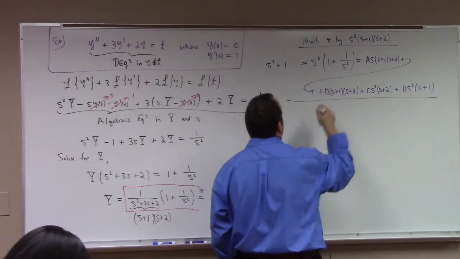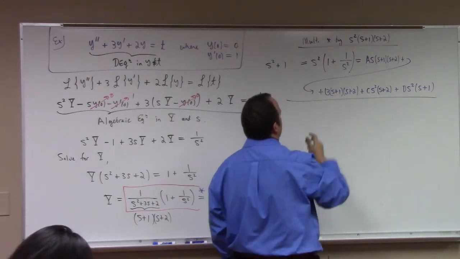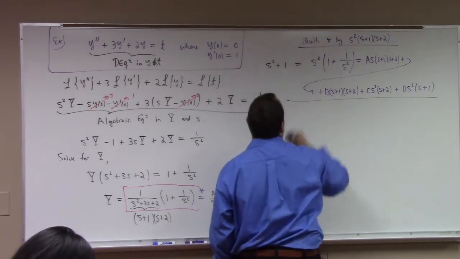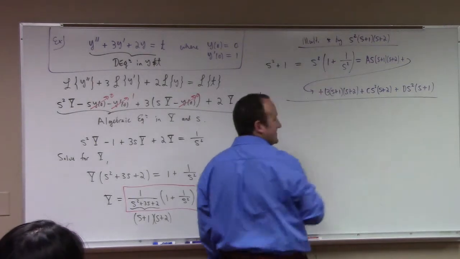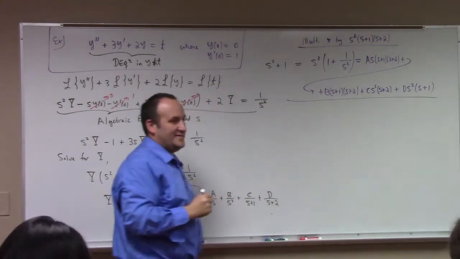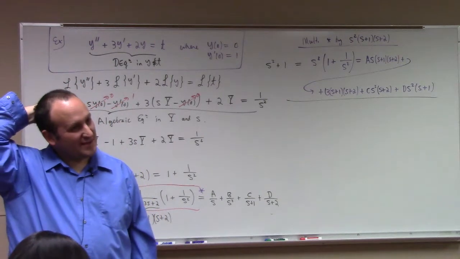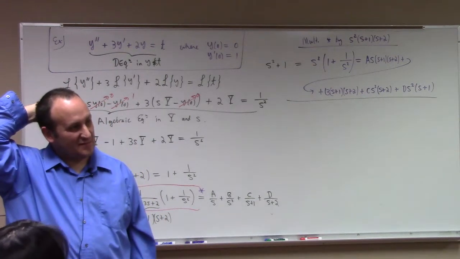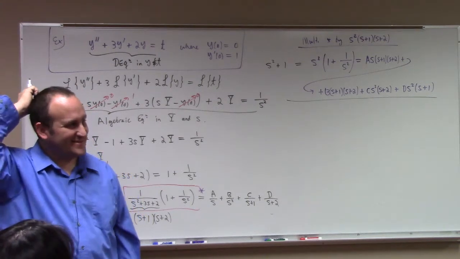I don't recommend plugging in 0 into this. Isn't that funny? Can't plug 0 into that. But this is always an issue with partial fractions. We're always plugging in the places where the expression's divergent. Yet it works. Why is that?